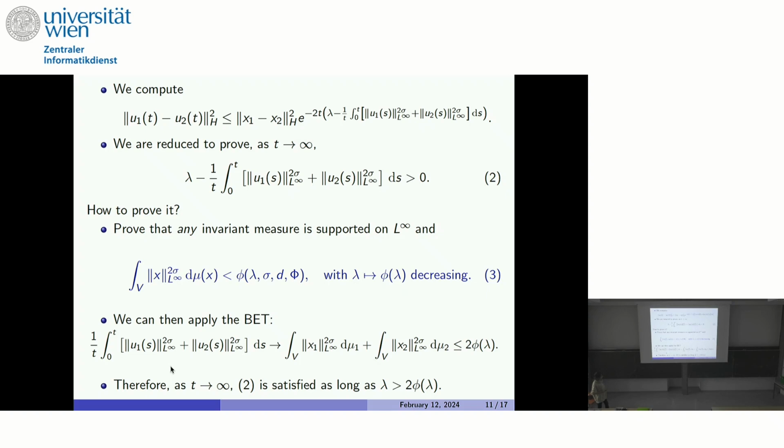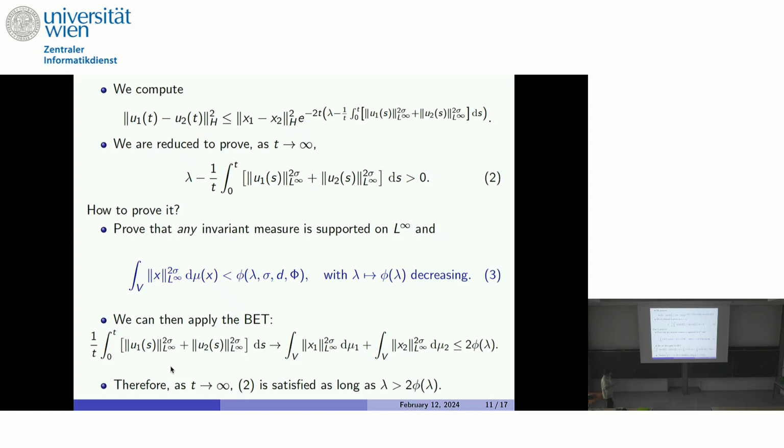So if we impose that lambda is greater than this function here, basically we are able to prove this estimate, and this will give us uniqueness of the invariant measure, and the condition to impose is this one. The dissipation parameter has to be sufficiently large.